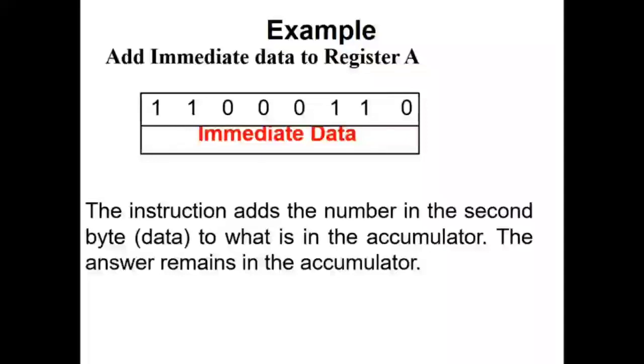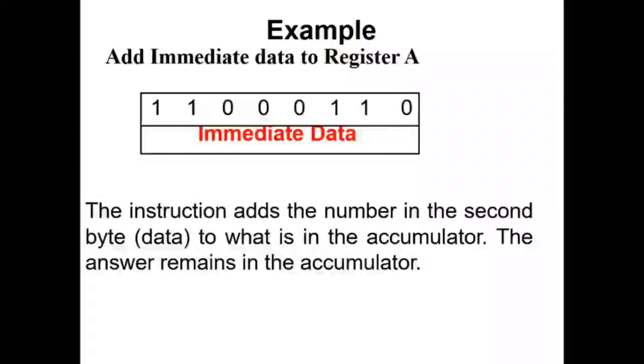So the first byte is C6. Immediate data is 5. So we are adding 5 to what is in register A, and the answer stays in the accumulator, in register A.